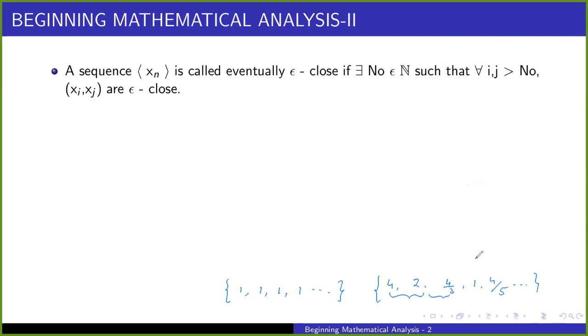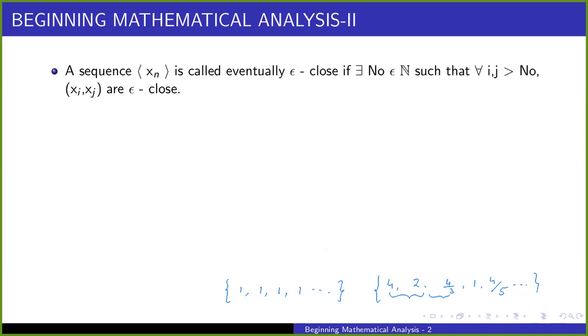So a sequence xn is called eventually epsilon close if there exists a natural number n naught such that for all i, j greater than the fixed natural number n naught, xi, xj are epsilon close.